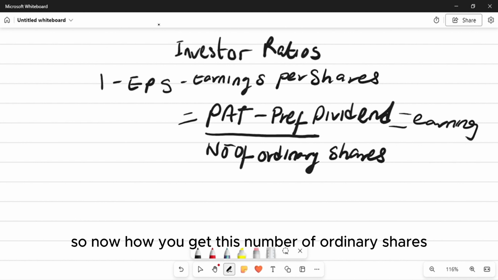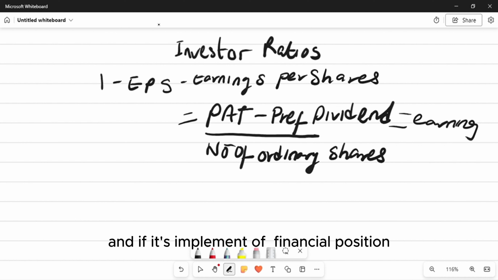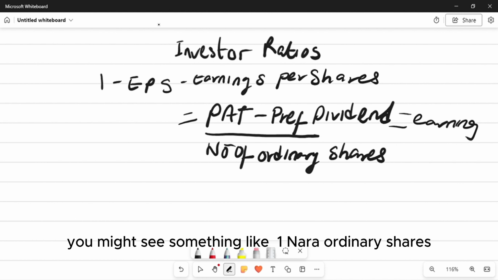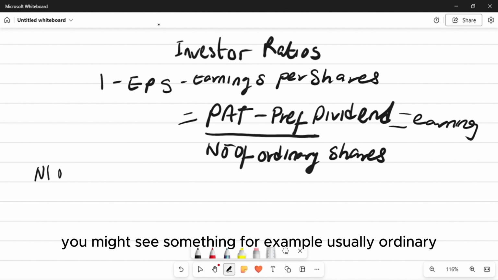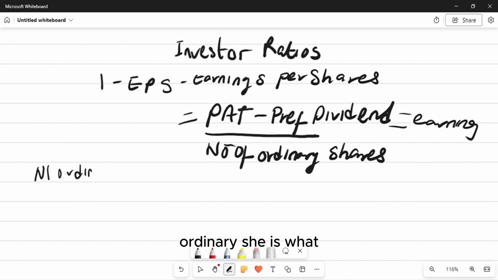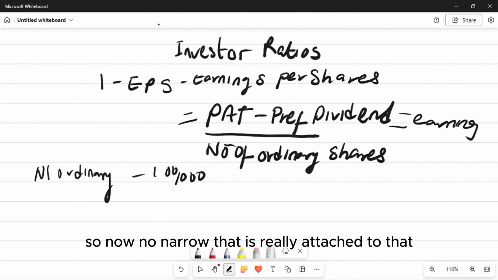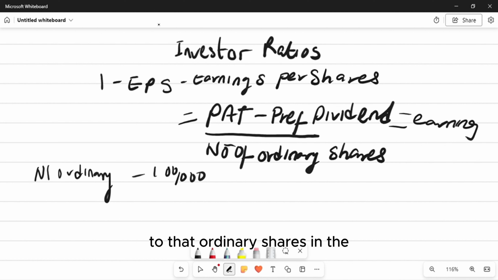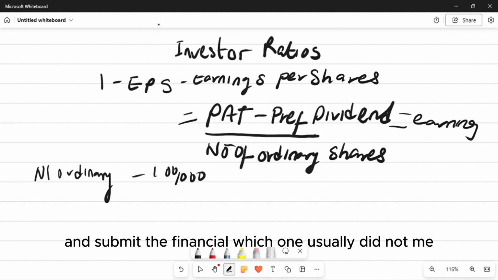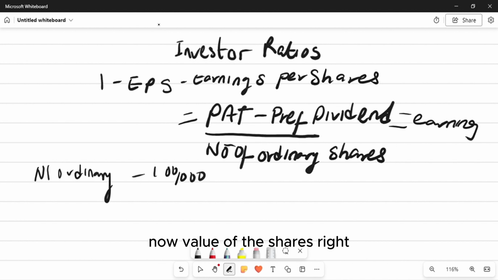Now, how do you get this number of ordinary shares? In the statement of financial position, you might see something like 1 naira ordinary shares worth 100,000. The 1 naira attached to the ordinary shares is the nominal value of the shares. Or let's use $1 instead for our international students.